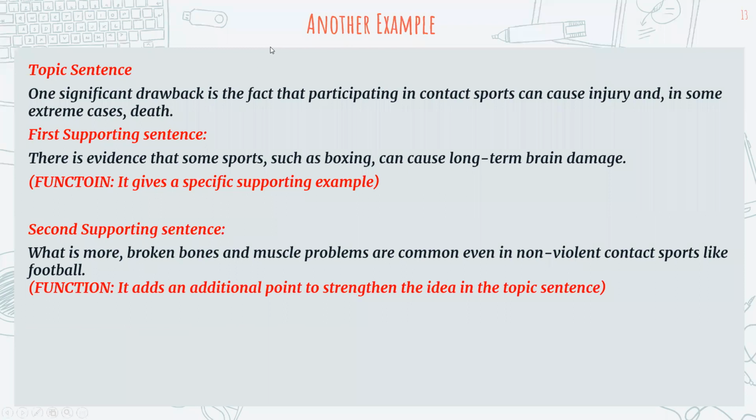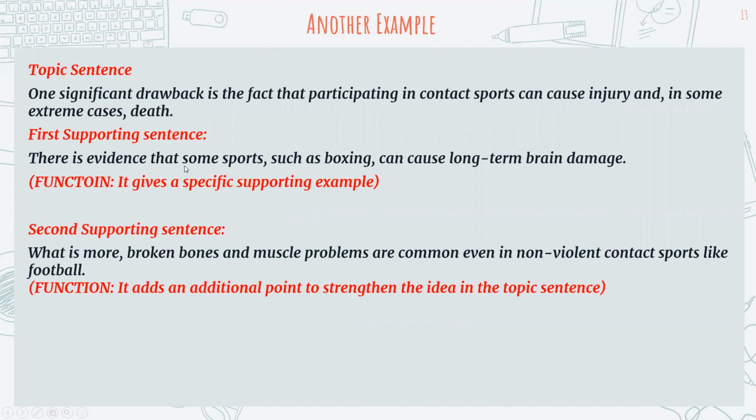Okay, another example. Now we have another topic sentence. One significant drawback, we said that drawback means a disadvantage. One significant drawback is the fact that participating in contact sports can cause injury and in some extreme cases, death. Here we have a first supporting sentence.